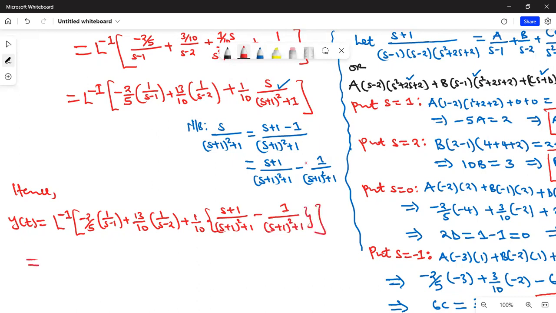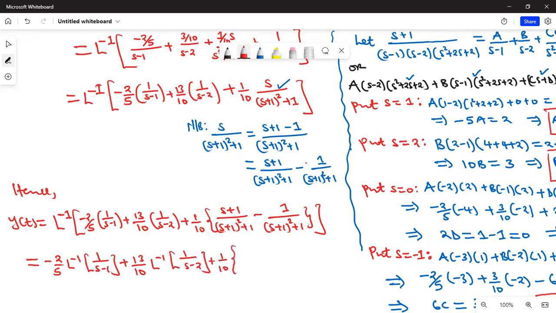And so we can distribute the inverse operator so that we have negative 2 over 5 L inverse of 1 over s minus 1 plus 13 over 10 L inverse of 1 over s minus 2 plus 1 over 10.